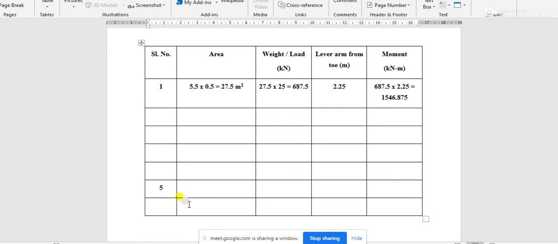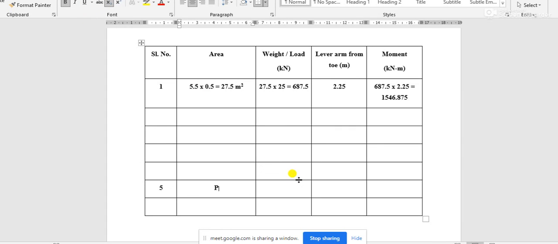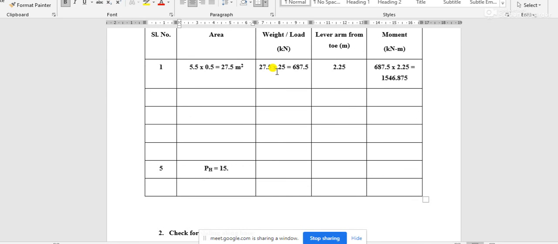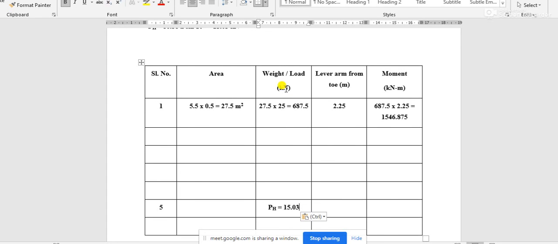That means in serial number 5 the value of PH you have to take, PH equals 15.03, sorry, not in this but in this, because this is one load, that's why this much of kilonewton.